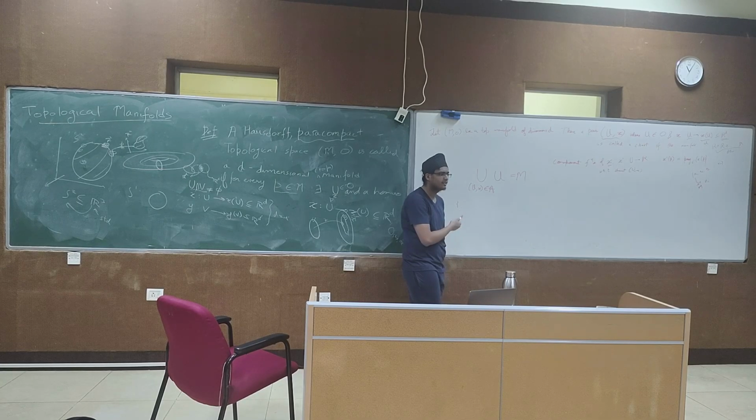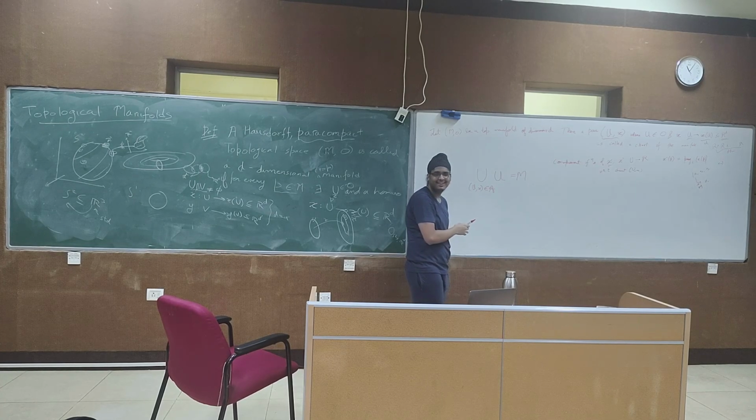Yeah, it is actually equal to M. In some other contexts of defining an atlas, you get other definitions, like a subset, but I think in this case you will get equal only. So this is how we define an atlas.